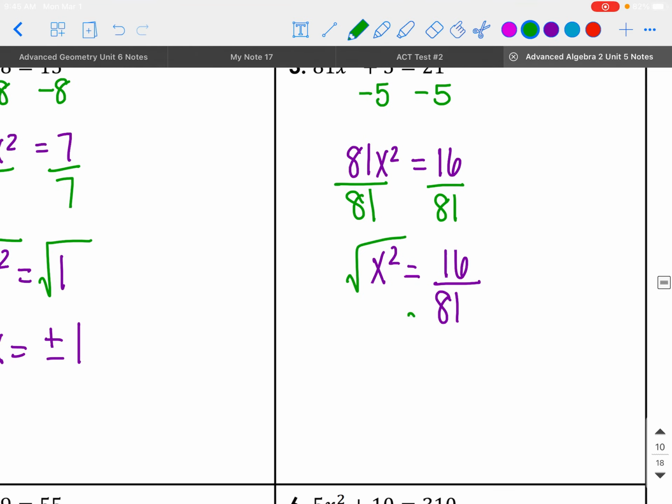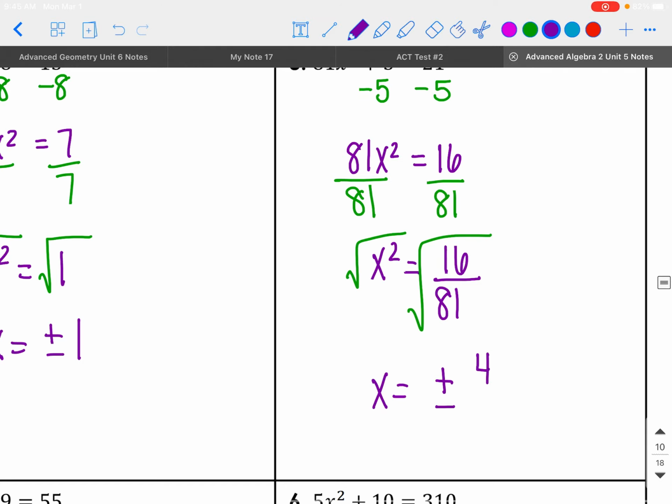And then we take the square root. We get x equals plus or minus. Remember, when we take the square root of a fraction, we just take the square root of the numerator and denominator. So 4/9.